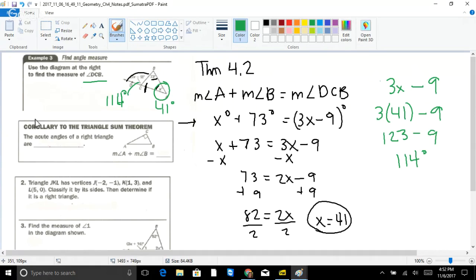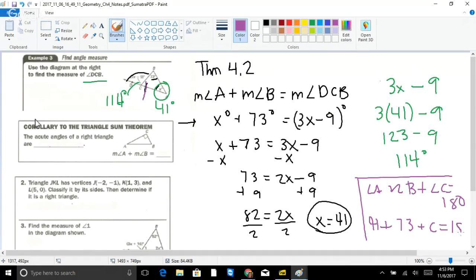So just for fun, because, you know, algebra is awesome, let's just find out what the measure of angle C is. So B is 73, A is 41. When I add them all together, so if I do angle A plus angle B, sorry for the messy writing, plus angle C, that should equal 180 degrees, right? So 41 plus 73 plus C, which I don't know, should equal 180 degrees.